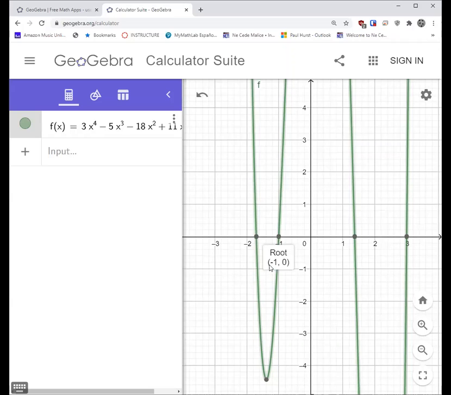This is negative 1. Okay, so remember that. So negative 1. This is some number with a lot of decimal places. This is 3. Okay, so negative 1 and 3. So just remember those two numbers, negative 1 and 3. Those appear to be zeros from the graph. Okay, don't worry about the other two for now.